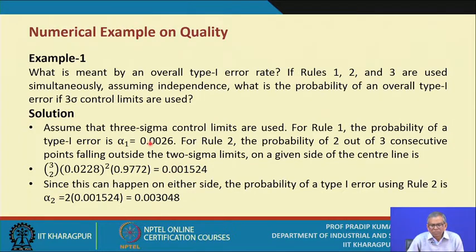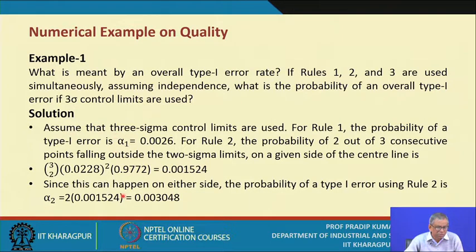So what is that value? Like say if you use rule 1, rule 2 and rule 3, all these 3 rules simultaneously, and if you use 3 sigma control limits, now I need to compute the probability of an overall type 1 error.